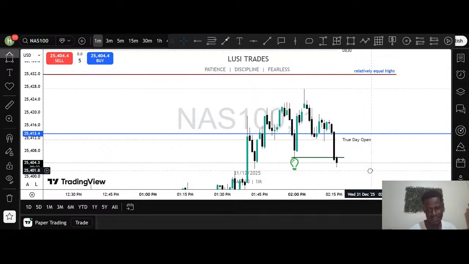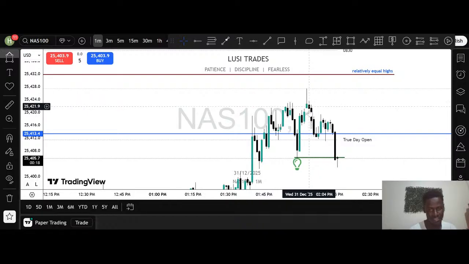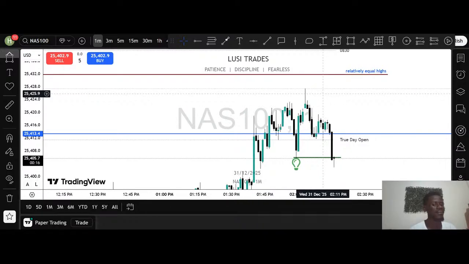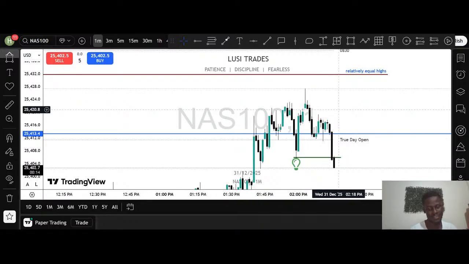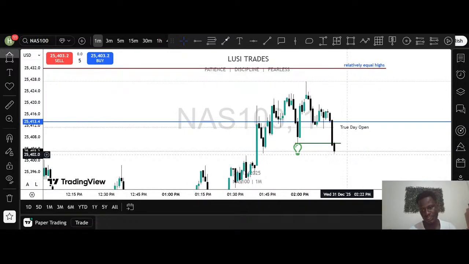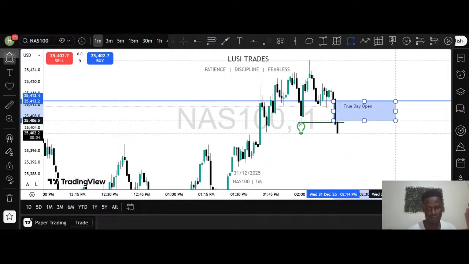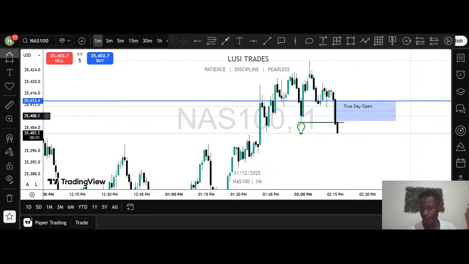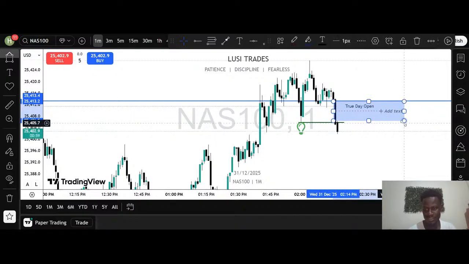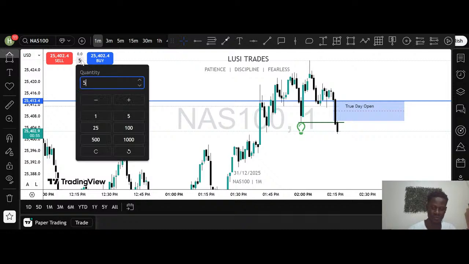In as much as it failed to hit this level, it really struggled, but we know it dipped into that 5 minutes CB, or the 1 minute CB to the left. So right now there's a 2022 entry model. There's a 2022 setup, so we want to see what happens.